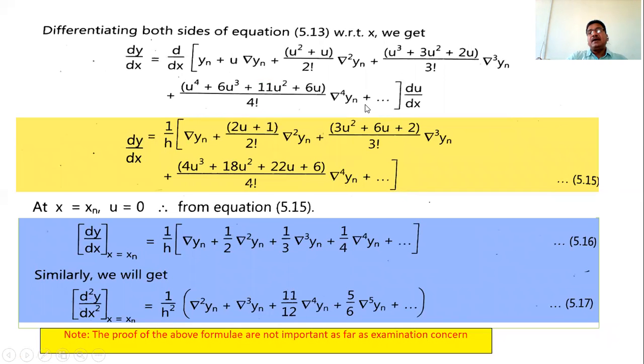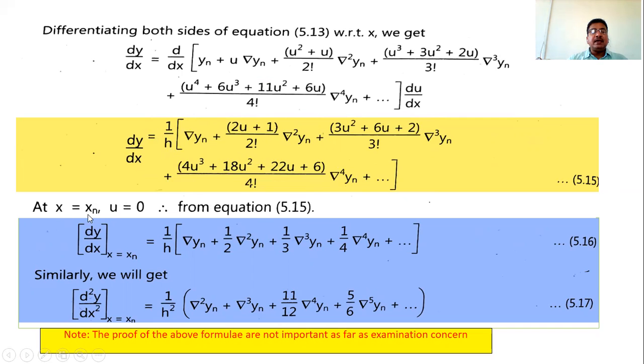In this way we will find the further terms, and du/dx is what? It is 1/h. So du/dx is 1/h, and this is dy/dx, the first order derivative.